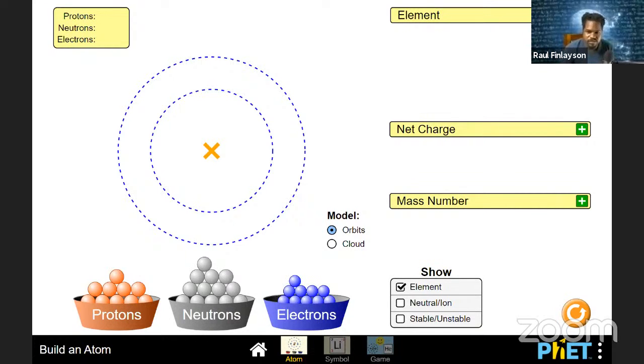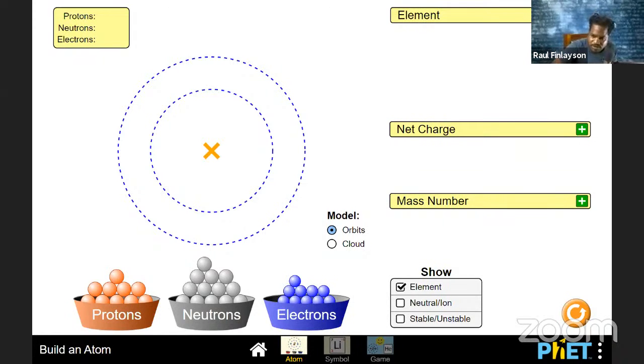Now, if you didn't know this word, that's okay, because maybe this word is above your level. But I'm going to put it on the screen, so when you go back to the board, you'll see that on the board. Another name for shells or orbitals is actually energy levels.